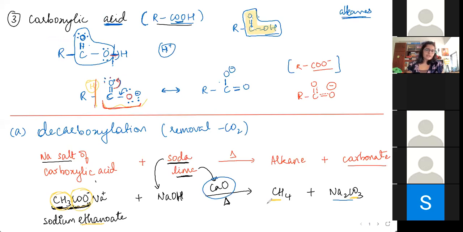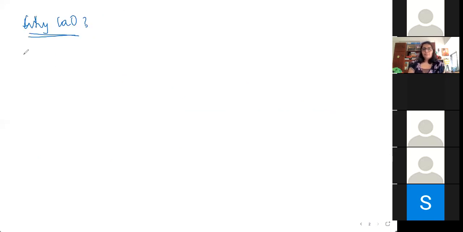You're getting your sodium carbonate and your alkane, directly from this only. So why CaO? Point number one, and this is pretty important: CaO absorbs moisture, so it basically keeps it dry.